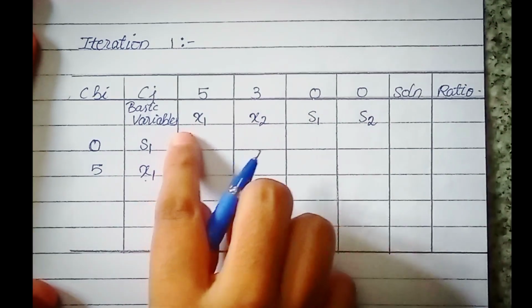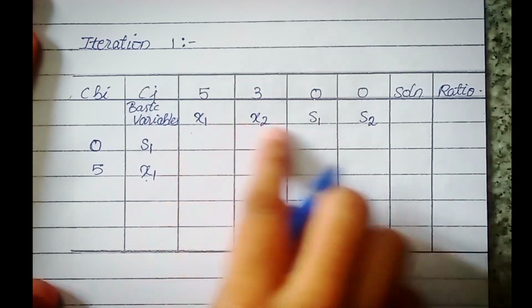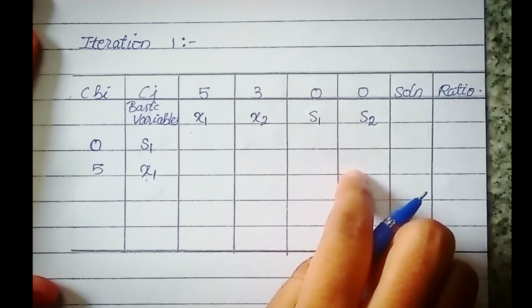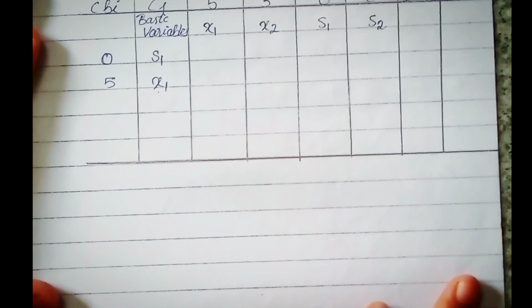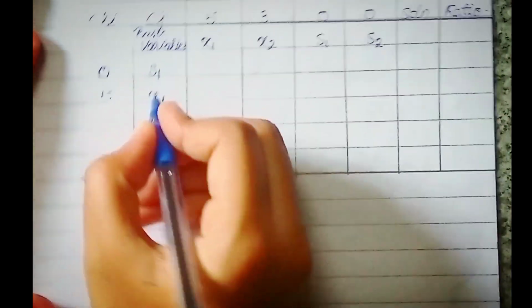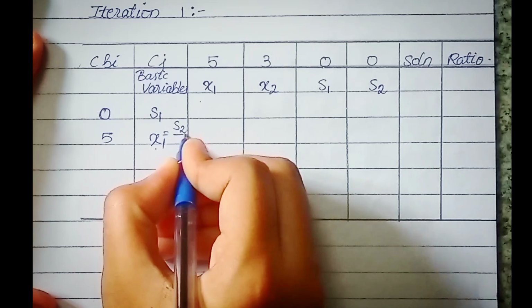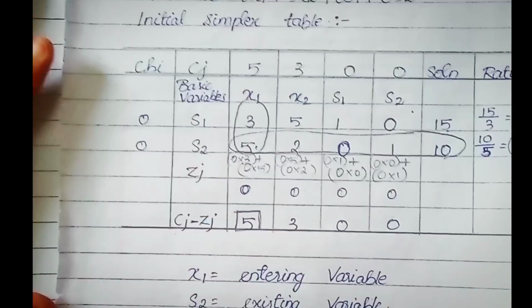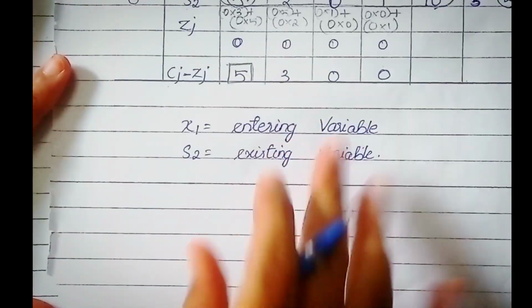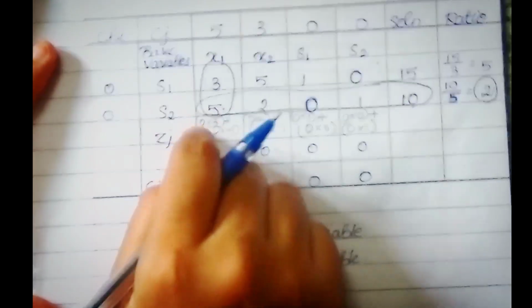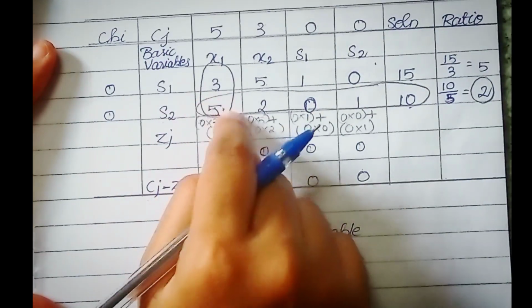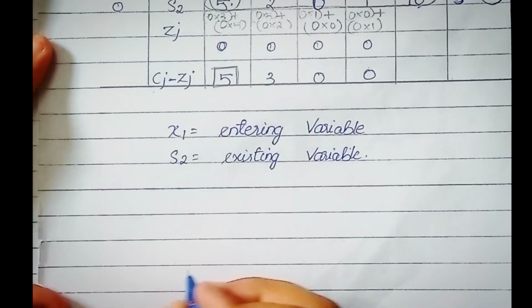Now what numbers should be written here? There is a formula for that. The X1 row formula is nothing but old S2 divided by the key element. 5 is the key element because it lies at the intersection of the column and the row, so it is the key element.